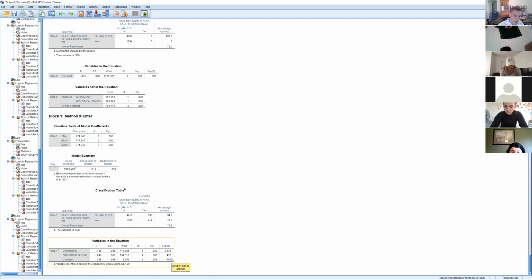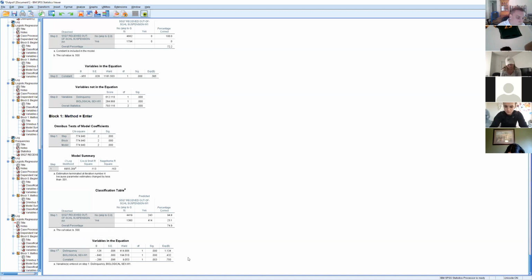So it's less than an even chance of being suspended from school, and that makes sense because, as we saw from the frequency table, most of them were not suspended from school. So from the get-go you have less than even odds of being suspended, and then it's adjusted accordingly in this model, based on your self-reported delinquency and your gender.